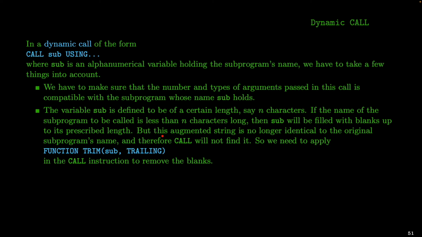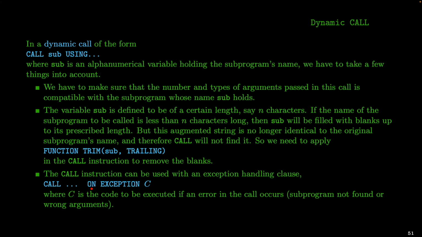But by filling it up with blanks, this augmented string is actually no longer identical with the original subprogram's name. And so call will not identify it correctly. So what we do is we use our trim function again to remove the trailing blanks. So instead of just putting sub here, we should have call function trim sub trailing. So that way we remove the blanks and the subprogram name will be identified correctly.